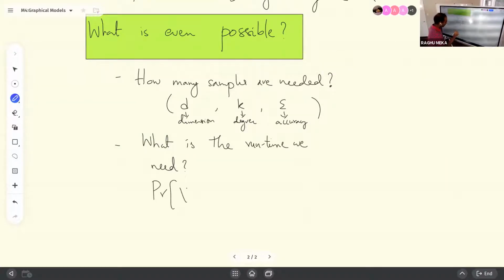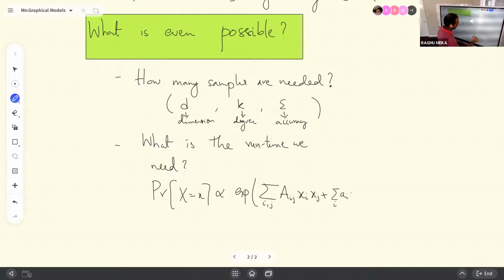So let's recall the representation of the Boltzmann machine. Actually, you can ignore this part because it's just a proportionality thing.